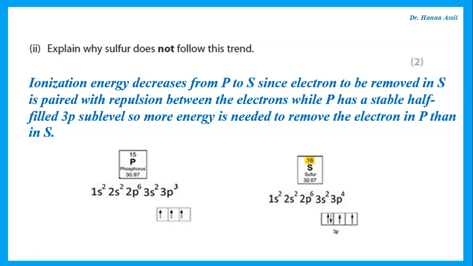So actually going from phosphorus to sulfur, the ionization energy decreases instead of increasing. It decreases because the electron that is to be removed in the sulfur is a paired electron. Paired electrons repel each other, so it's easier to remove that electron, while the phosphorus has half-filled 3p sublevel, stable. More energy will be needed to remove the electron from the phosphorus than from the sulfur.